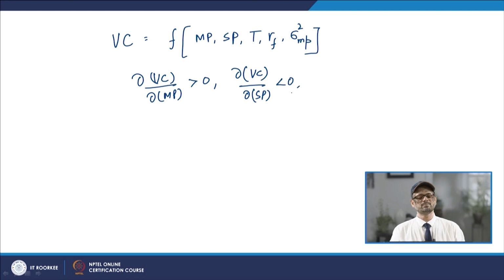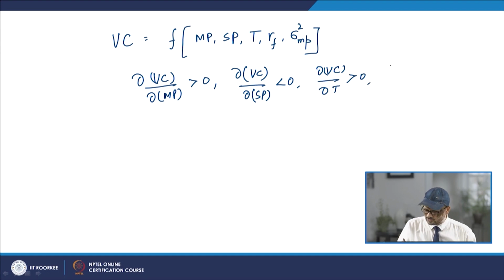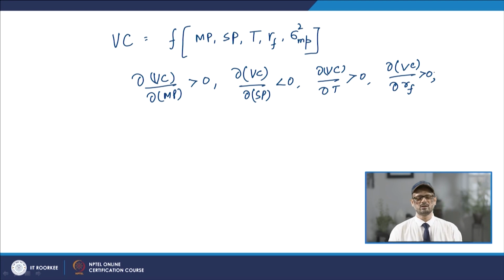Depending upon the maturity time, if it is higher, then it has a positive effect, so dou of VC upon dou of T will be more than 0. Similarly, dou of VC upon dou of RF will be more than 0.